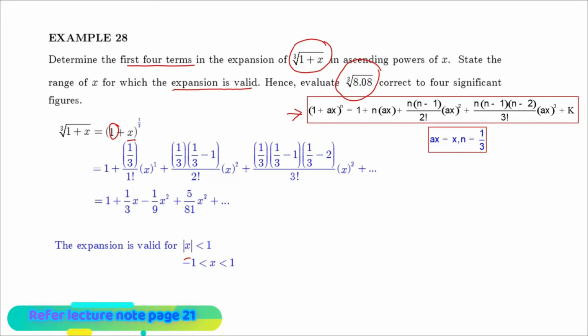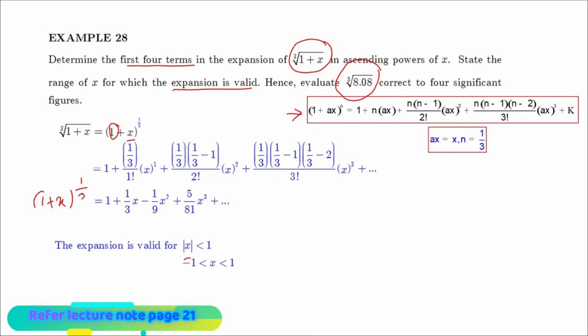Now, we have to evaluate the cube root of 8.08 here, and we need to evaluate this by using the binomial expansion that we did earlier. So we have our binomial expansion of (1 + x) to the power 1 over 3 as follows.